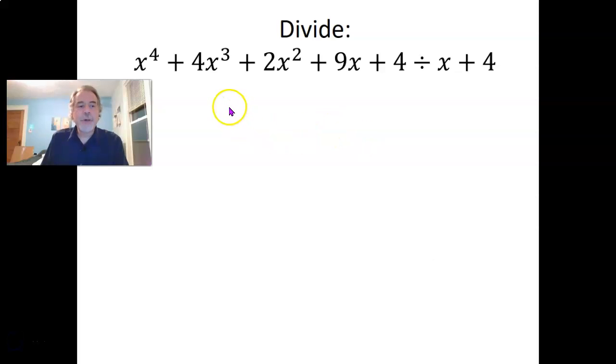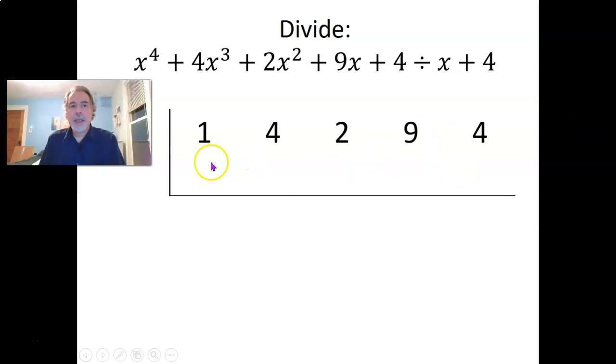In this example, we are going to be dividing the polynomial x to the 4th power plus 4x to the 3rd plus 2x squared plus 9x plus 4 by the polynomial x plus 4. So to do this by synthetic division, the way we set this up is we have the numbers 1, 4, 2, 9, 4 here.